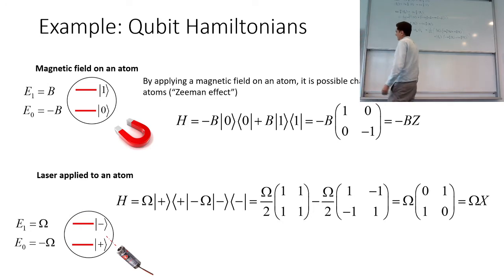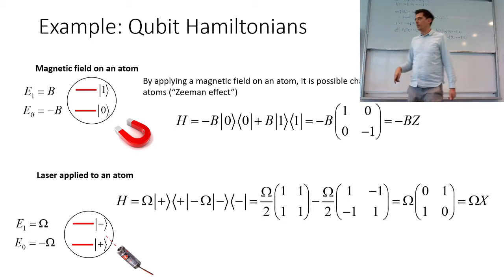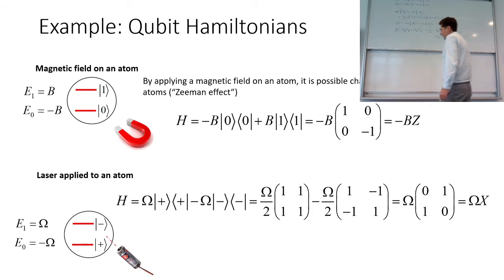We write it just like this, or in matrix notation it looks like that. And we've dealt with these matrices like x, y, z, which keep on coming up. So in this case, the Hamiltonian is some constant, this b, multiplied by the z Pauli matrix.